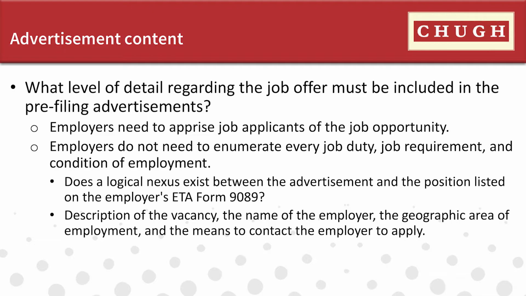Basically, describing the vacancy, the job title, maybe one or two sentences describing what the job is all about, obviously the name of the employer and the geographic intended area of employment, and we'll talk about what that definition means, and how job applicants should contact the employer if they're interested, whether it be applying online, sending a mail-in application over postal mail, or emailing their resume to HR. That information should be there in the job advertisements.